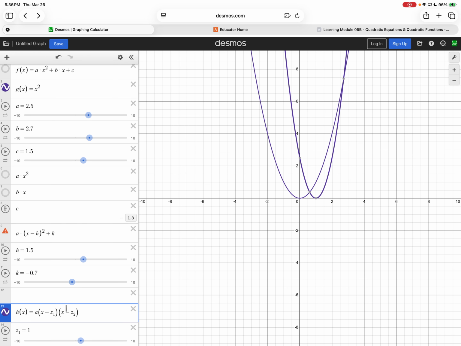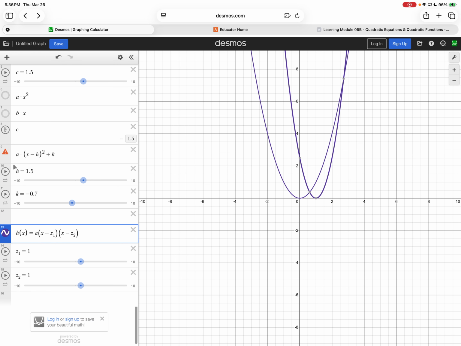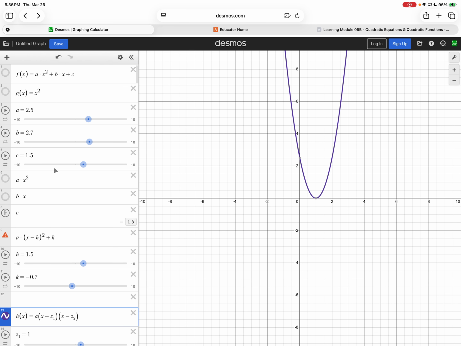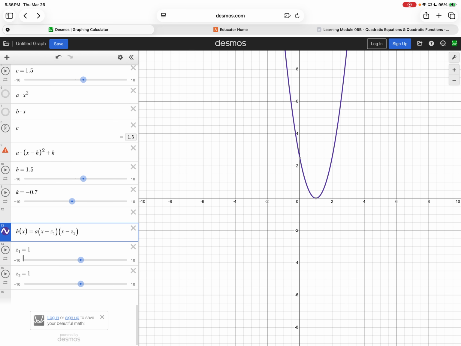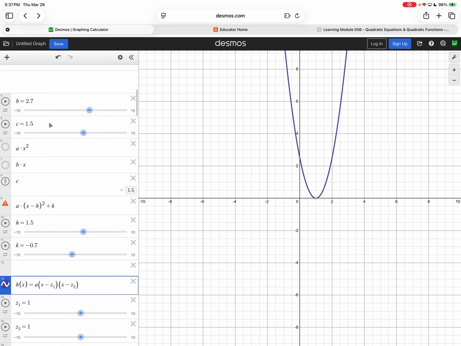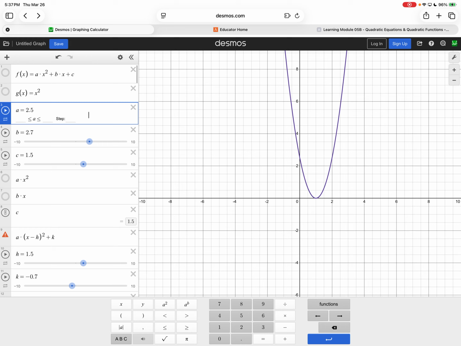So if these are both 1, let me hide, is that? Why do I have 2 graphs? I only want 1. Oh, you need to go away. There you go. They're both 1, right here. You're getting the same answer twice. So what would that be if they're both 1? And whatever my a is, what is my a up here? 2.5. I'm going to move him down here.